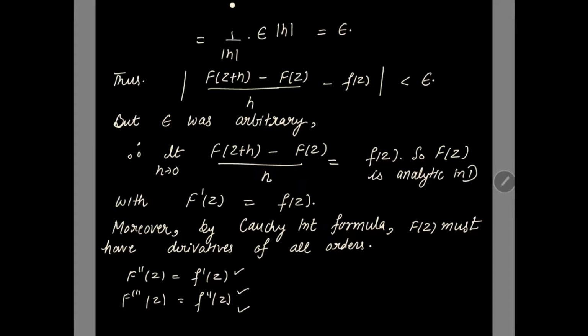So thus this f dash z exists at all the points in D, right? So from this we can say that this f dash z exists at all the points in D, and whenever your derivative exists at all the points in D, we say that that function is analytic.